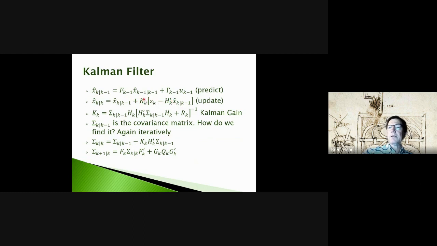And then we're multiplying it by this capital K sub k. This is called the Kalman gain, right? So this is weighting our measurement versus our prediction. And then we add that to our prior location, and that ends up with our next estimate, right?